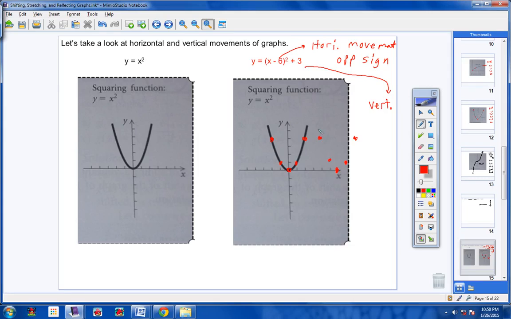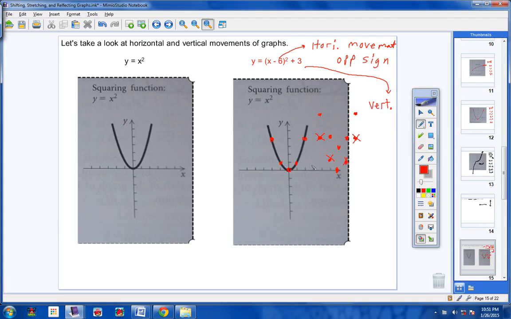So 1, 2, 3. 1, 2, 3. I'm going to cross these off. Move this up. 1, 2, 3. Move this up. 1, 2, 3. Cross these off. And then move this point up. 1, 2, 3. Right here.